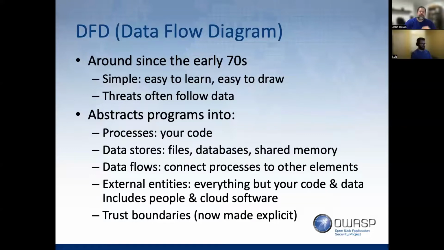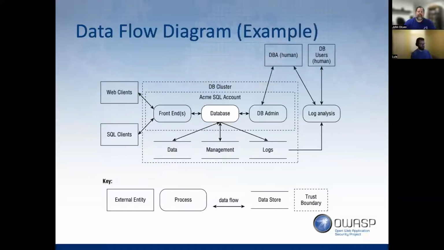Really quickly, a data flow diagram has 5 key elements: processes, data stores, data flows, external entities, which in the UML world are actors, and now trust boundaries. This is a classic data flow diagram straight out of Adam Shostack's book, just to show how the elements interact.